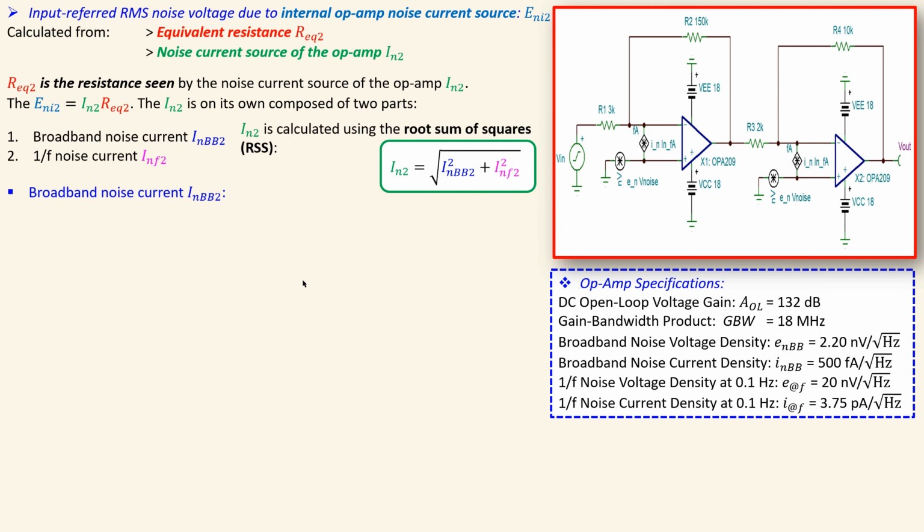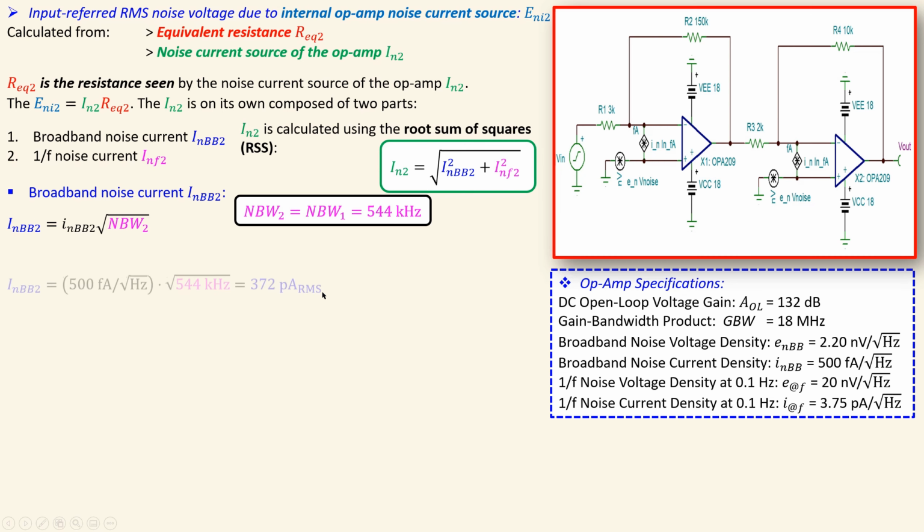So the broadband noise current, and again in a similar form, we take from the datasheet the broadband noise current spectral density and also the noise bandwidth for the second stage, which is equal to the first stage because the noise bandwidth was limited by the first stage, which was much smaller than the second stage. If you just substitute the values, we will get 3.72 picoamps. It's exactly the same as the first stage, but the differences will come shortly because the equivalent resistance will be different.